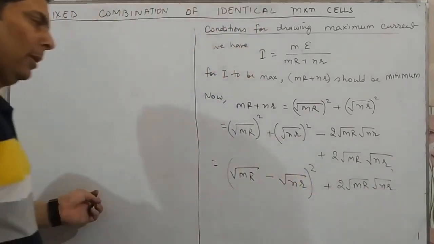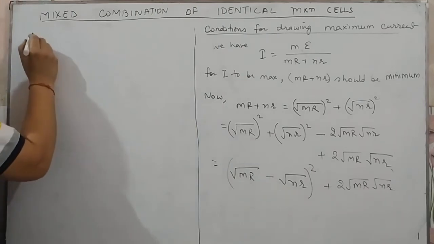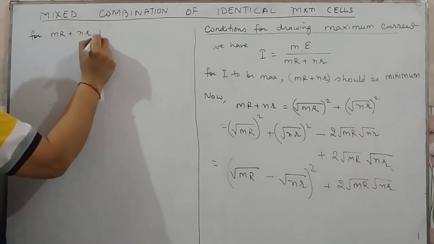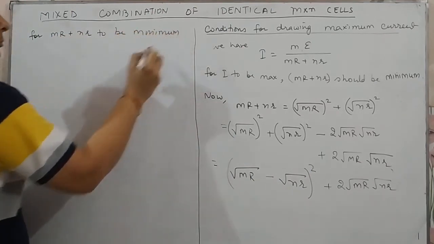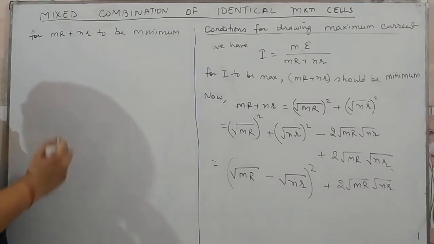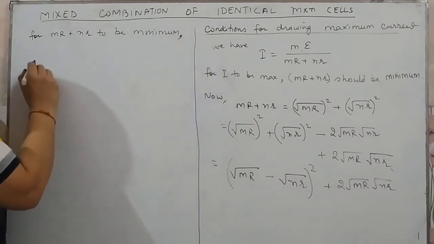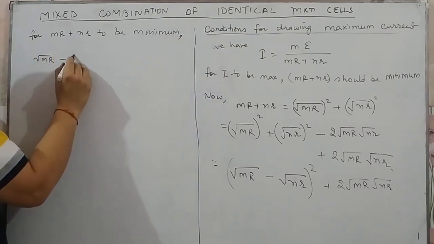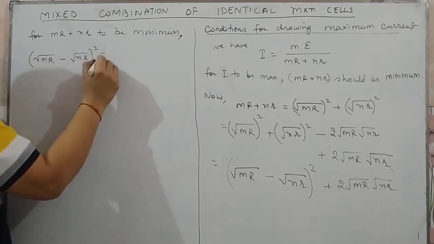Now, for mR plus nr to be minimum in this result, root mR minus root nr whole squared should be equal to 0.